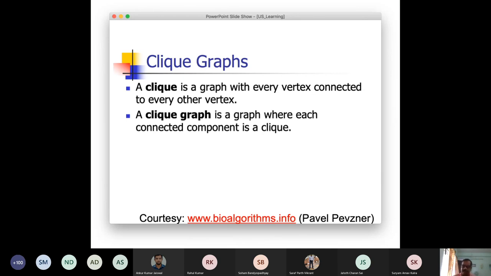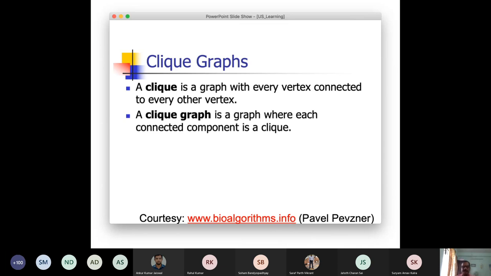Now, when we have a graph, we call it a clique graph when every vertex is connected to every other vertex, right? So a clique, rather, it's not a clique graph, sorry. A clique is a graph when every vertex is connected to every other vertex. But a clique graph is a graph where each connected component is a clique.